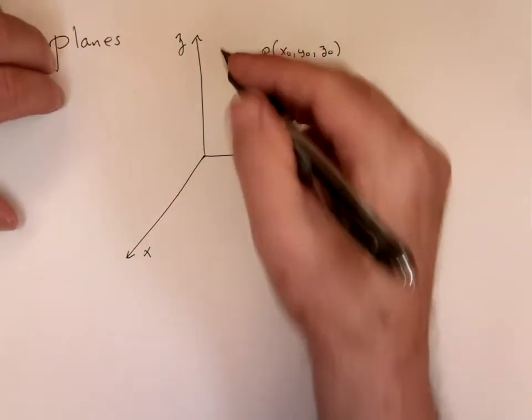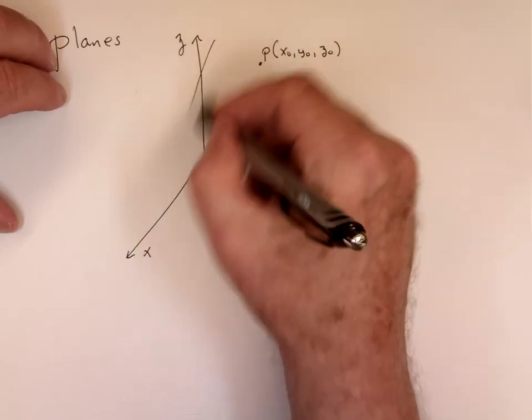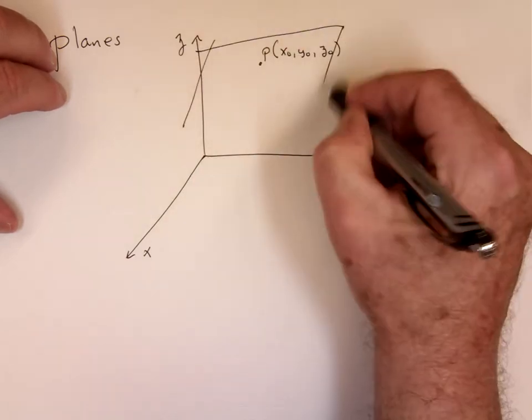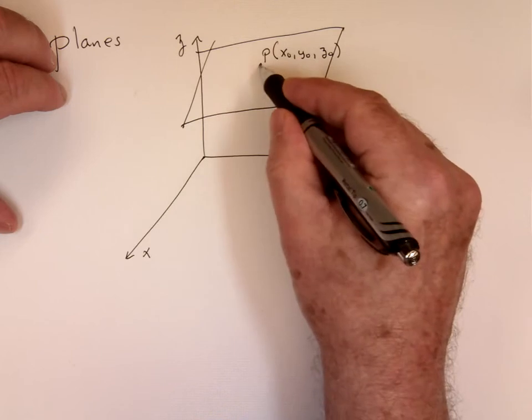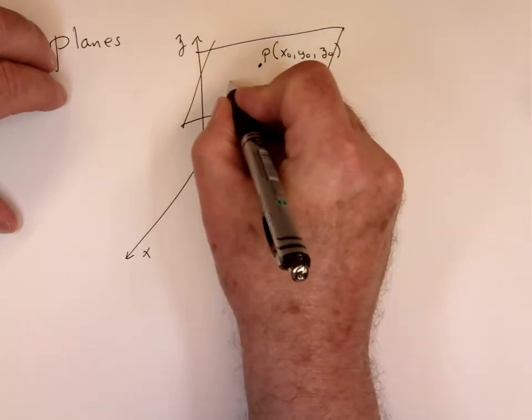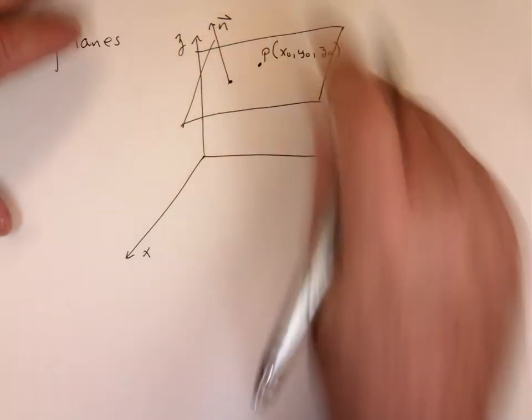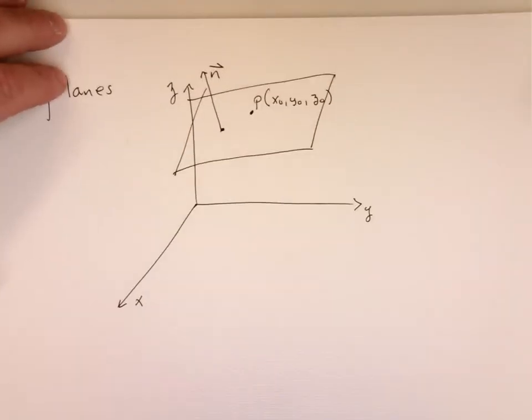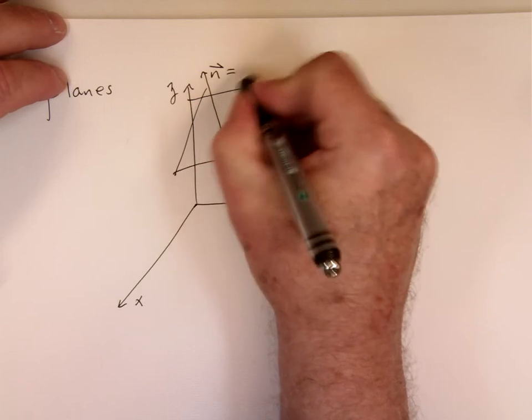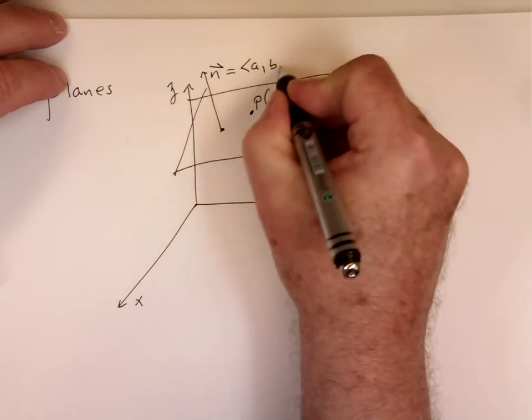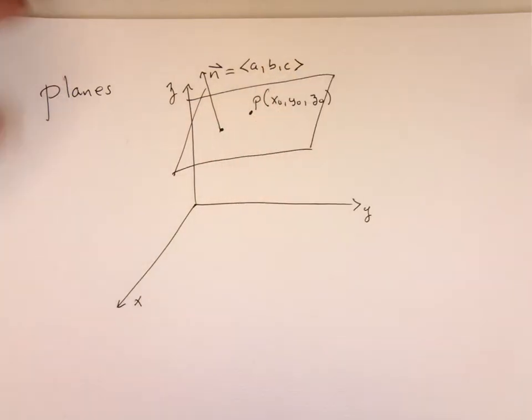So we want to find the equation of the plane containing this point and normal to some vector. Let's say the normal vector is ABC. That's what we want to do.